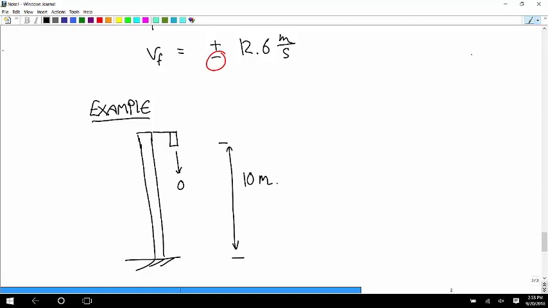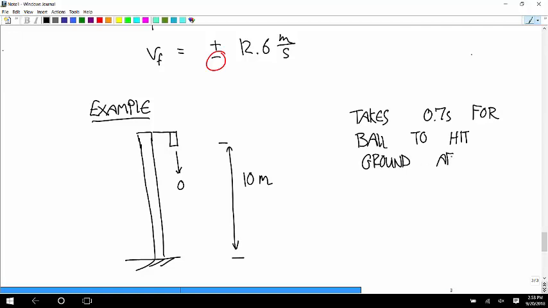And it takes 0.7 seconds for the ball to hit the ground after being launched.